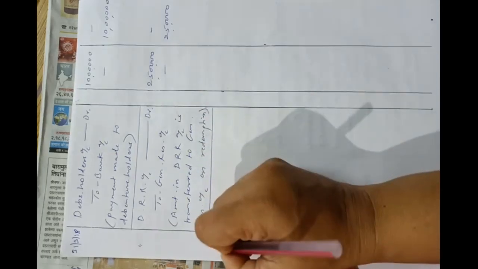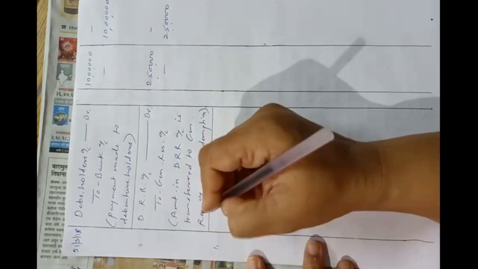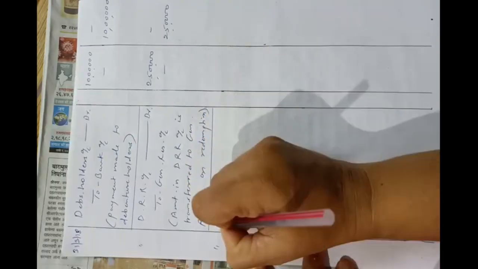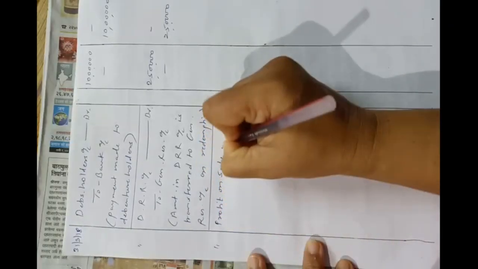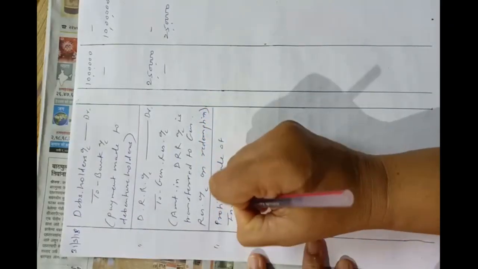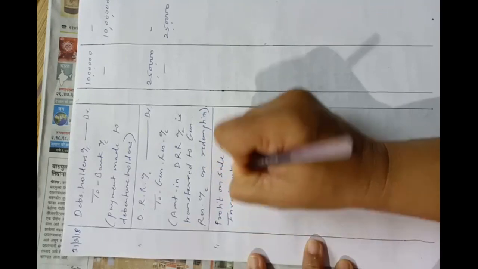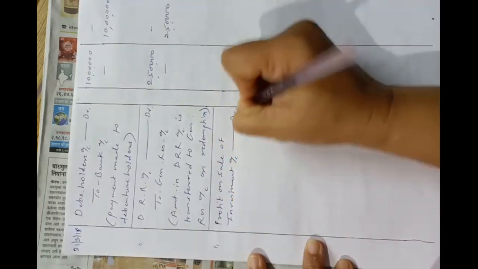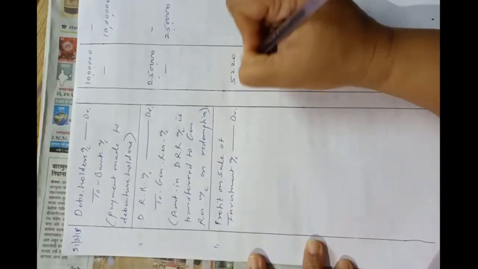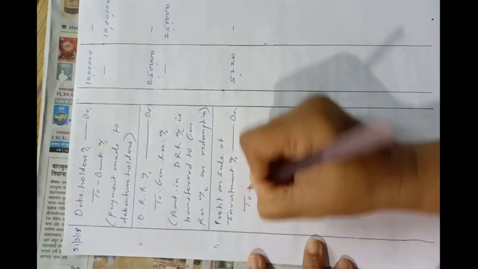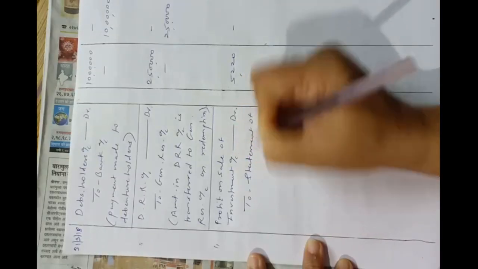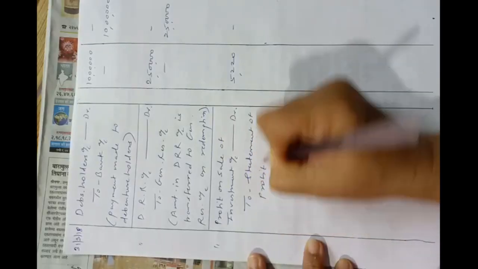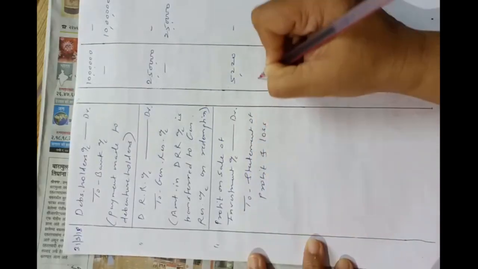Okay, so on the same date, that is on 31st March 18, profit on sale of investment account debit 5220 to statement of profit and loss 5220.